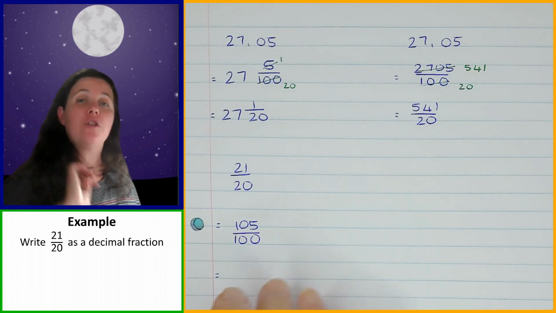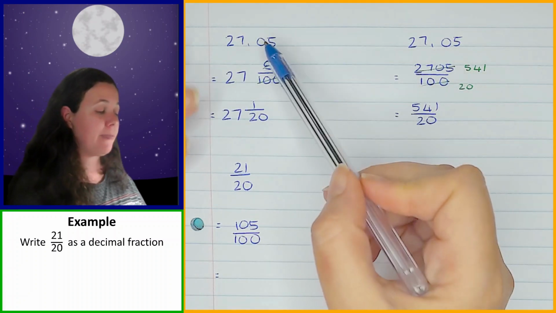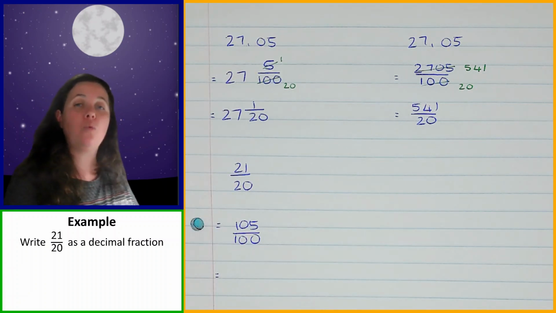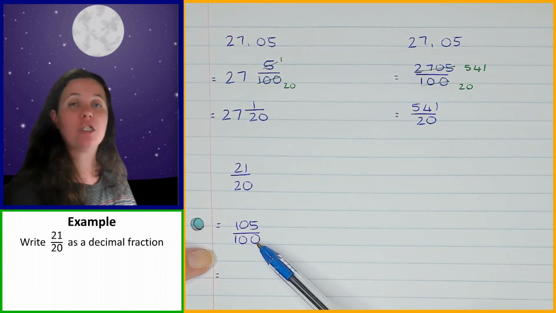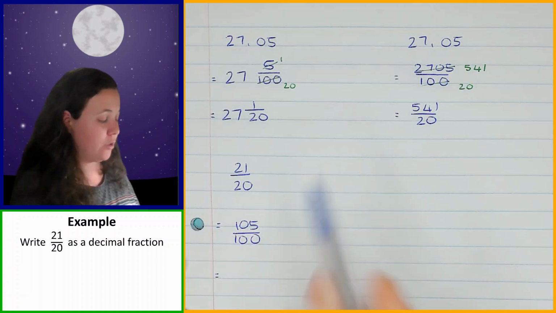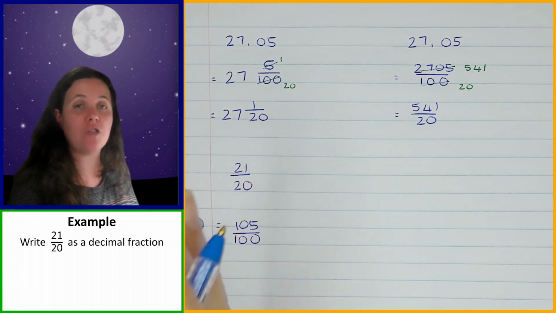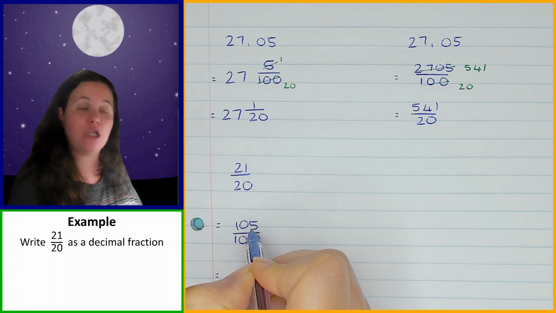Now I'm going to go and convert this to a decimal fraction. Now, just like we did with this one over here, we're going to be using place value to help us with this. The 100 tells me where I'm going to start. Because it's over 100, I'm going to be starting with my last digit in the hundredths position. The hundredths position is 2 places after the comma. So the 5, the last digit over here, needs to be in the hundredths position.